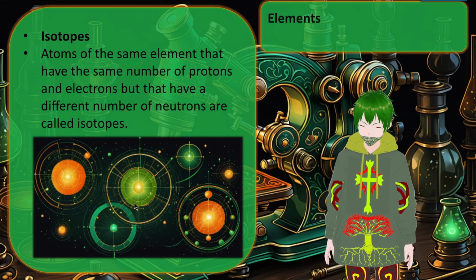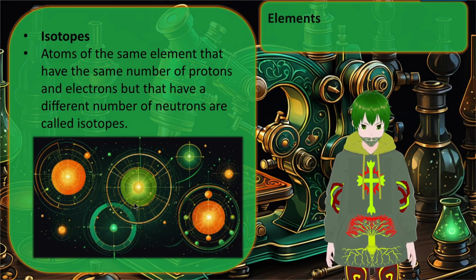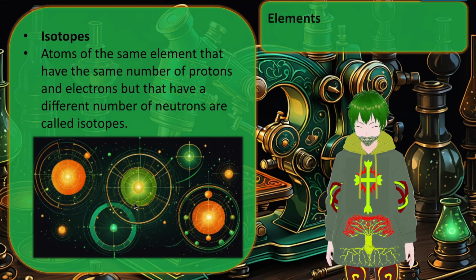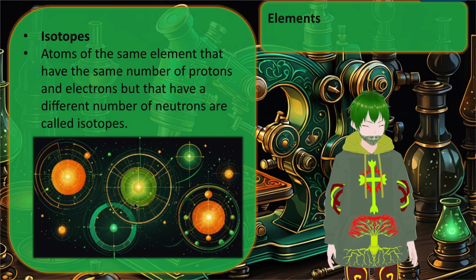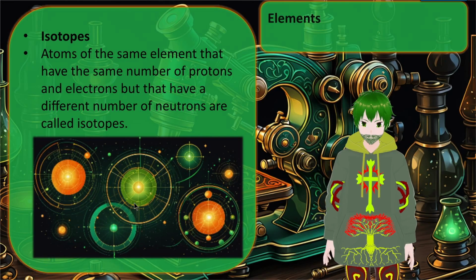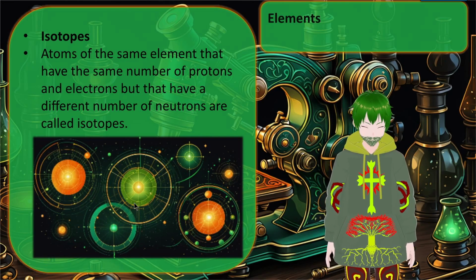For hydrogen, there are 3 isotopes. There's hydrogen-1, which is just hydrogen; hydrogen-2, which is hydrogen with a neutron, called deuterium; and hydrogen-3, which I believe is 1 proton and 2 neutrons, called tritium. And so you have 3 different isotopes of hydrogen.